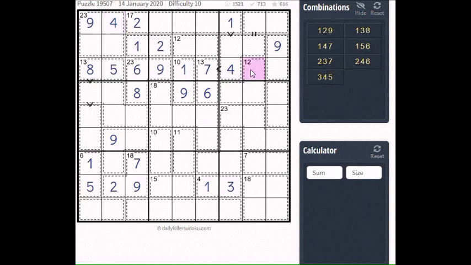Now, could this be a 3 or a 2? If this is 2, then this would be 3, 7. And if this is 3, this would be 1, 7.